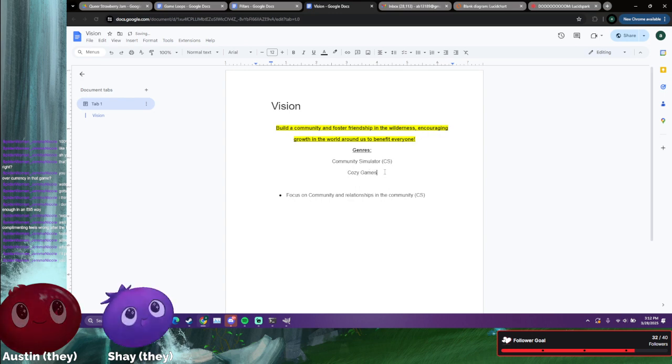Because specifically the genre of cozy games, it does not have really a set of mechanics attached to it. But what it does mean is that the consequences for actions, whether good or bad, are relatively minimal.